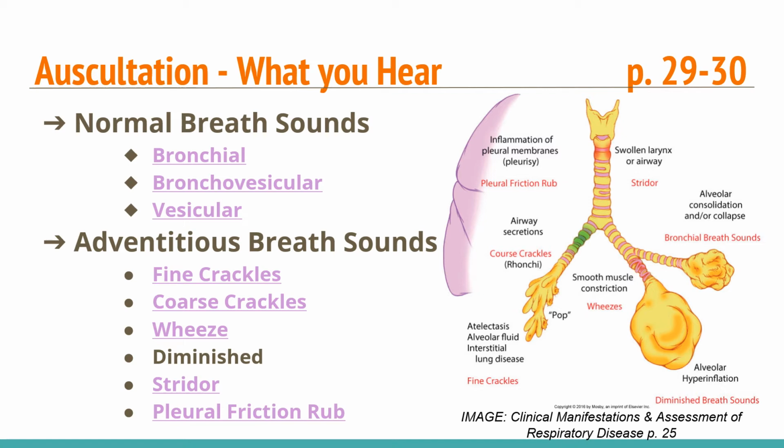It says diminished, but it could be diminished bronchial breath sounds, or mainly vesicular breath sounds that would be diminished. Stridor, that would be upper airway stuff going on, and pleural friction rub.